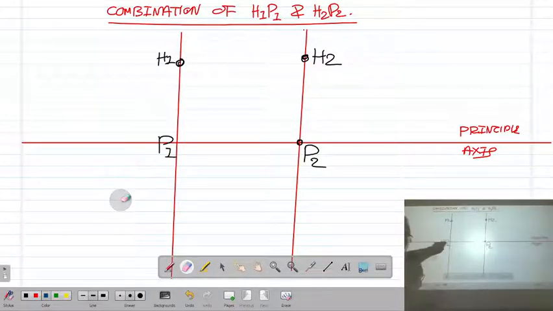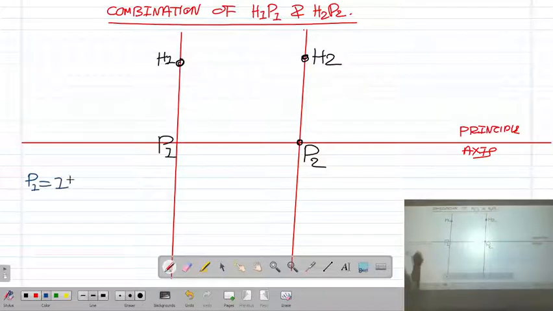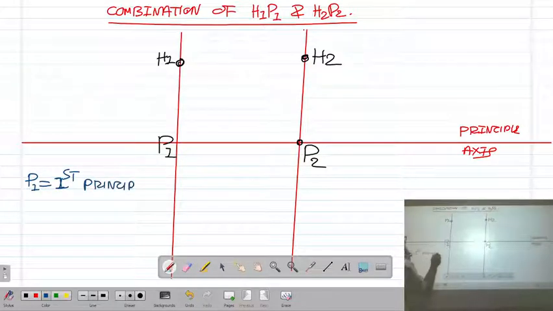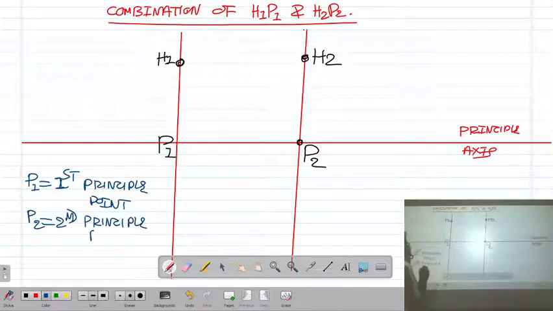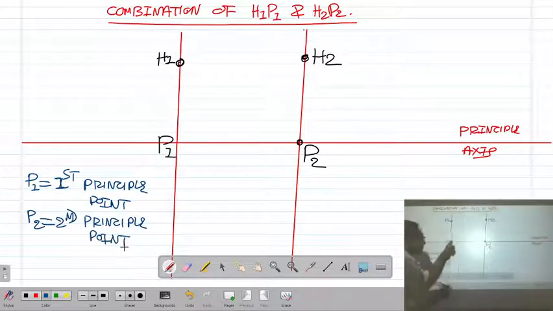This P1 is called the first principal point, and P2 is called the second principal point. Okay.